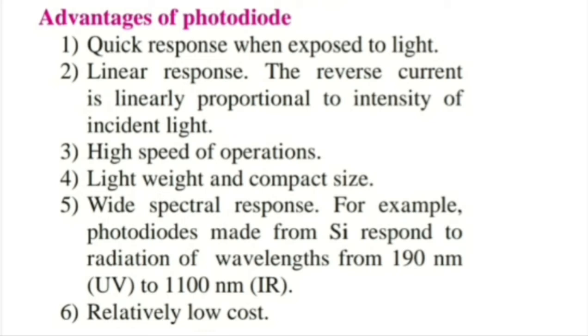That means there are different types of waves, like ultraviolet rays and infrared rays, which are very far away from each other, but the photodiode can respond to these spectral wavelengths also. And the main advantage of photodiode is that it is of relatively low cost.